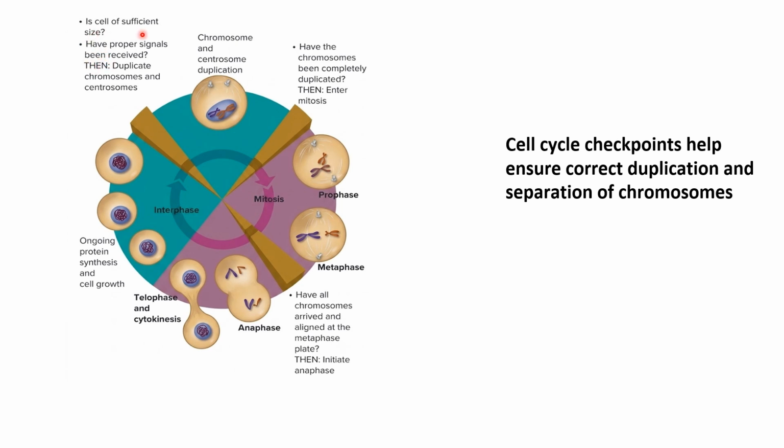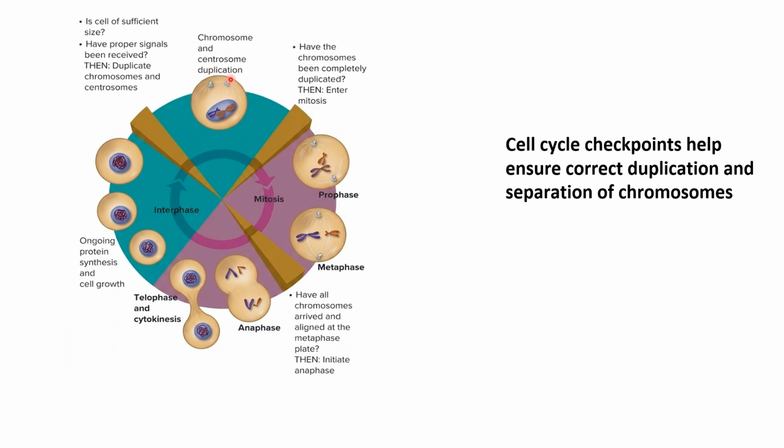Is the cell of sufficient size? Have proper signals been received? If the answers are yes, then it will go on with the duplication of chromosomes and centrosomes. But if the answer is no, it will not go into the S phase until all requirements are fulfilled.